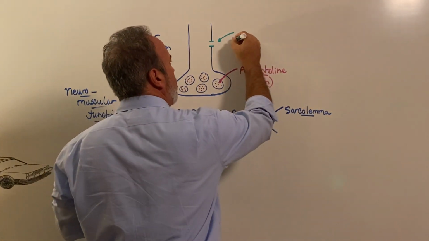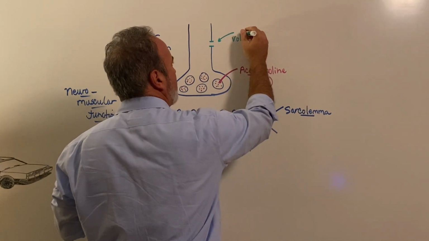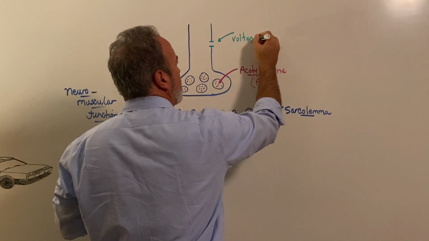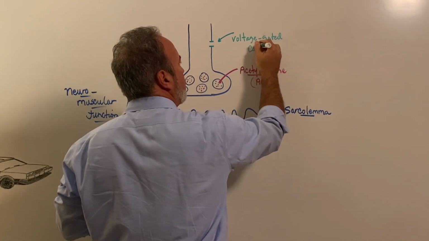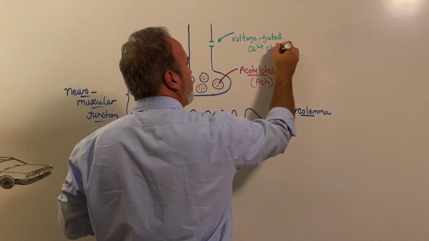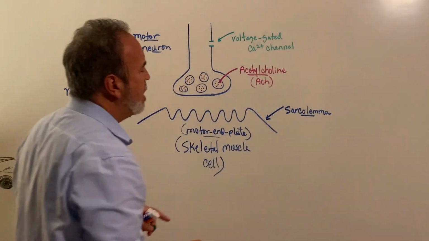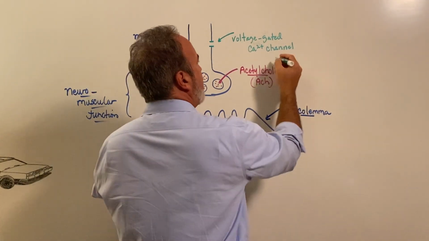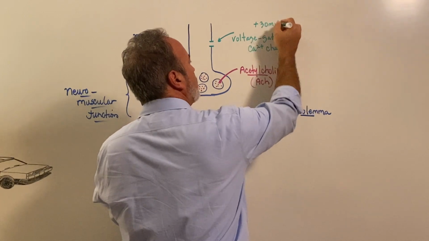So this is a voltage gated calcium channel. That channel is actually going to open at a voltage of positive 30 millivolts.